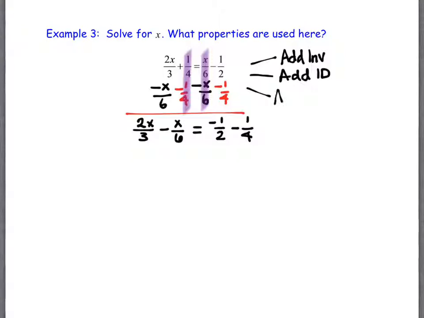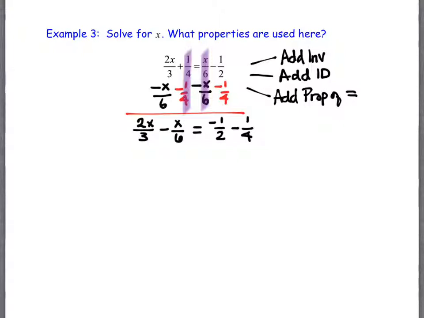That's the additive property of equality. The additive property of equality is what allows us to make a change in the equation by doing something to both sides with addition or subtraction, as the case may be. Okay, so there's a reason we're allowed to do that. There is a property in play there. That's the additive property of equality.